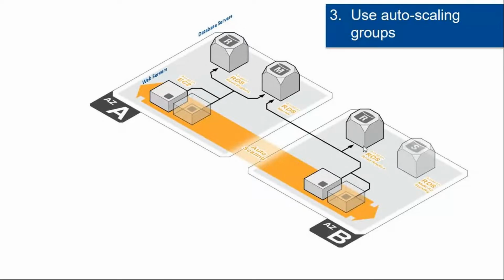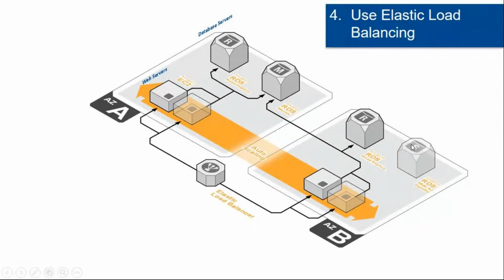You can define an auto scaling group so that if one infrastructure fails, your website traffic will be handled from another availability zone with a similar architecture. Use an elastic load balancer to divide the traffic between your two availability zones, like 50% traffic to this and 50% to this, to optimally use the resources.